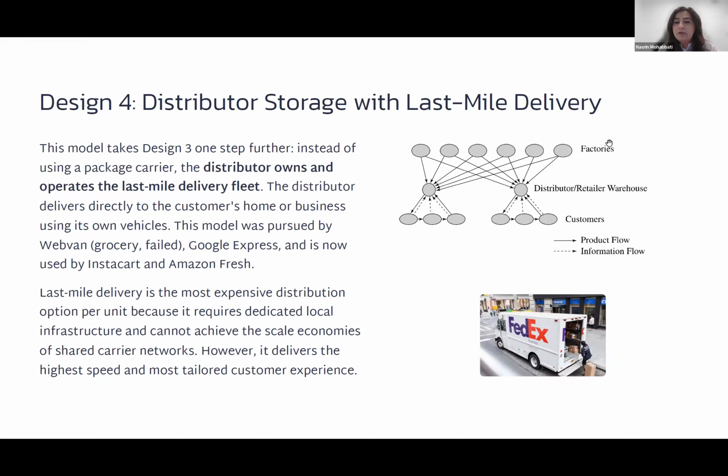So in this design, we have again manufacturers, factories, and we have distributors, retail warehouses, and also customers. And instead of connecting all the distributors and retailers to all the customers, now we just segment our customers and then allocate customers to specific retail stores, specific distribution centers.